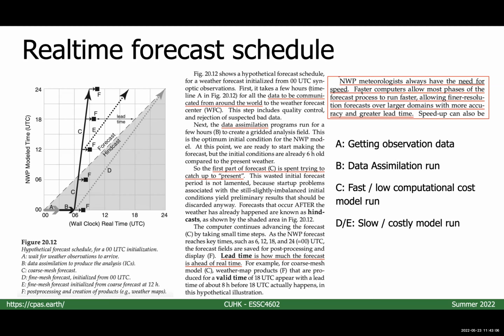So you always need a faster computer for your model to be more complicated, to use fine mesh for the forecast, and you still have lead time between the time the job finishes and when you can analyze the results, either manually or with some automated program, to produce the forecast.